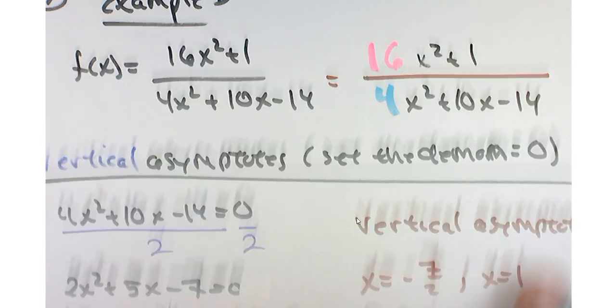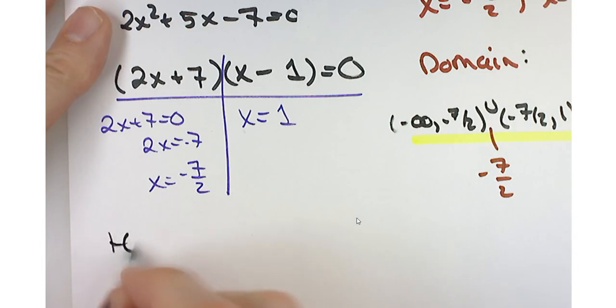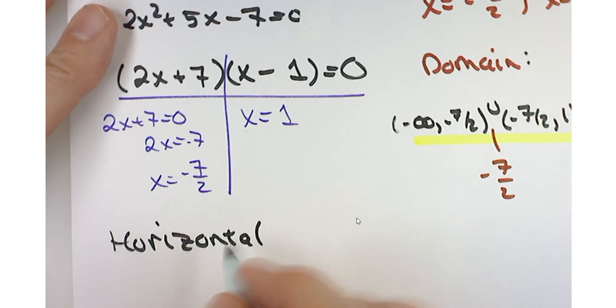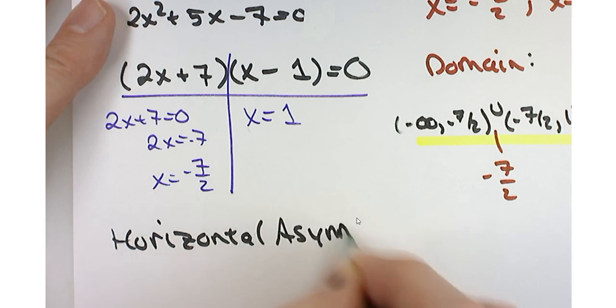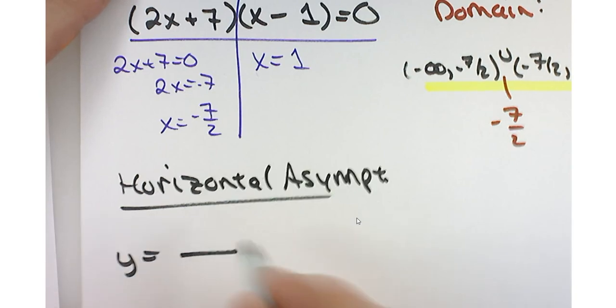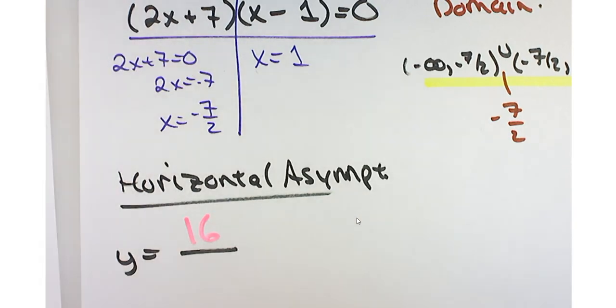That means our horizontal asymptote is just going to be the ratio of those leading coefficients. So it's going to be y equals 16 over 4.